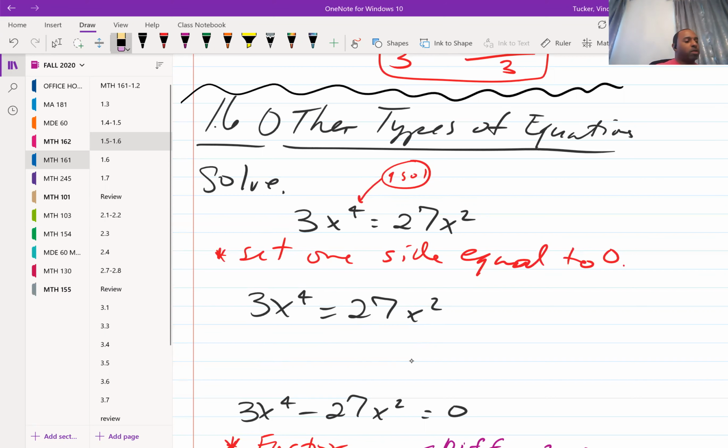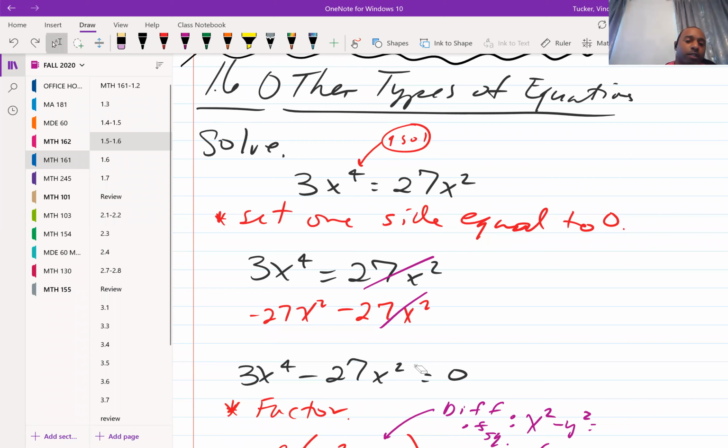First thing we'll do is set one side equal to 0. We can do that by subtracting 27x squared from both sides. And that puts us in this position, 3x to the fourth minus 27x squared equal to 0.